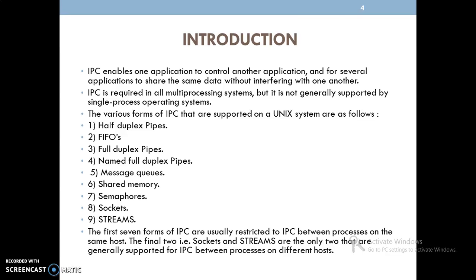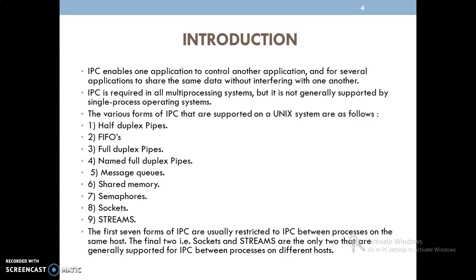The first 7 forms of IPC are usually restricted to IPC between processes on the same host. The last 2, that is sockets and streams, are the only 2 that are generally supported for IPC between processes on different hosts.